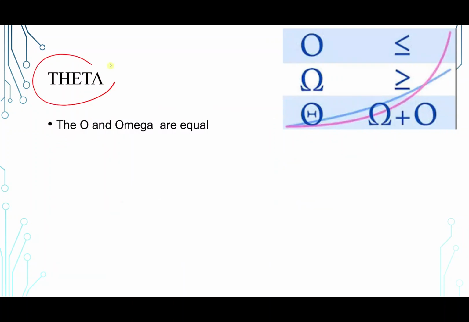So theta is when both are equal, the big O and big omega. If this is big O and this is big omega, where they meet, where they cross, is the big theta.